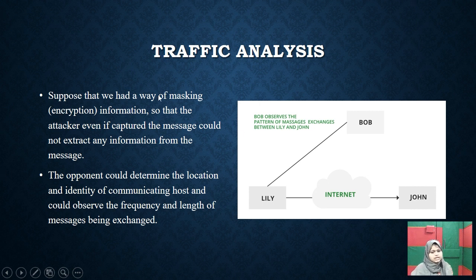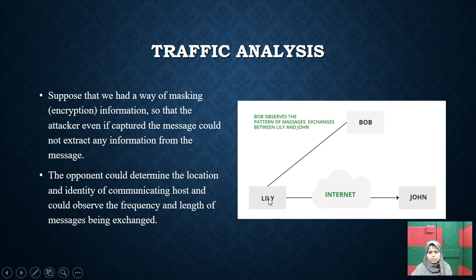Okay, so suppose that we have a way of masking, that is encrypting the information, so that the attacker, even if he captured the message, could not extract any information from it. The opponent could still determine the location and identity of the communicating hosts, and could observe the frequency and length of the messages being exchanged, as I told you earlier.